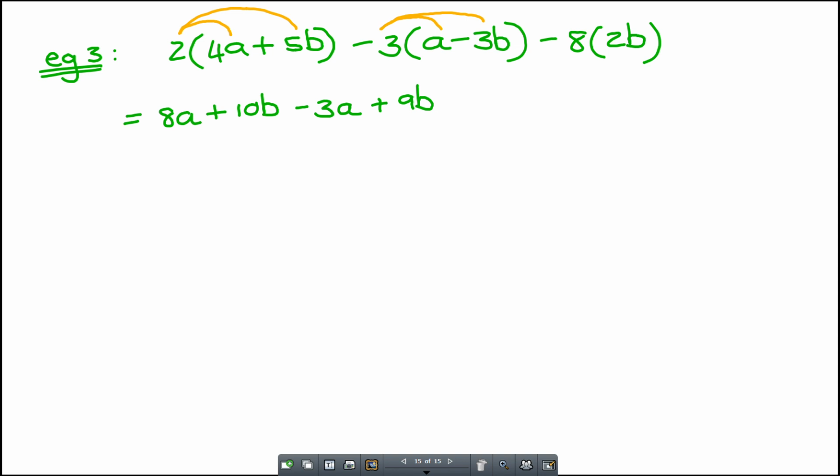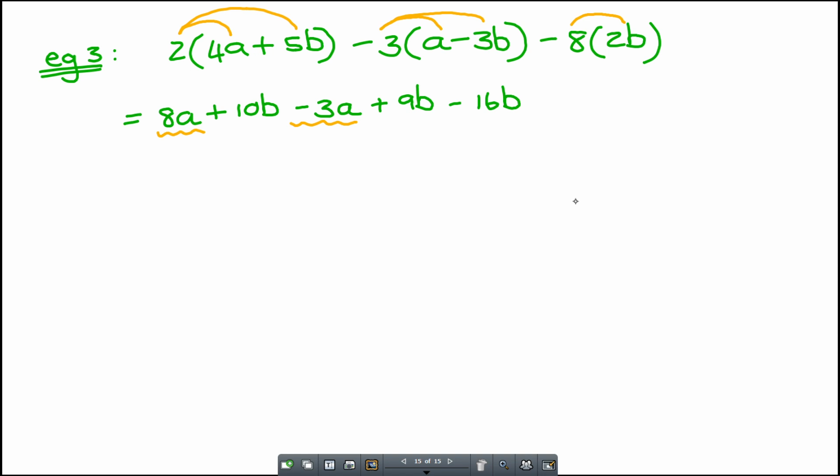All right, then minus 8 must also be multiplied with a 2b, and that gives me minus 16b. So can you see now I got rid of all my brackets? Okay. Now I must look for like terms. Yes. So 8a, okay, 8a minus 3a will give me 5a.